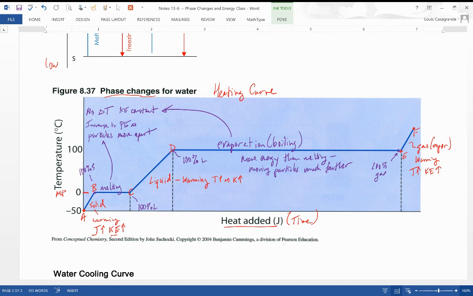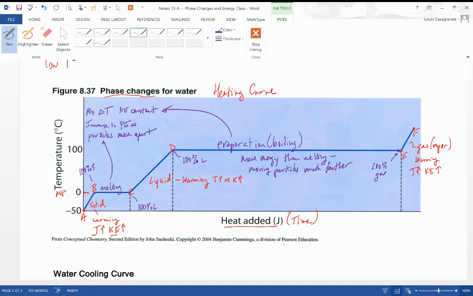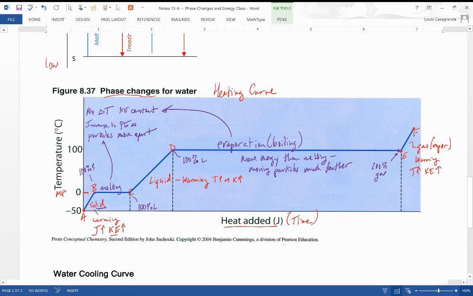All right, so one of the features of this curve then is that wherever you have a flat, you have a phase change. And so if you know what phases you're starting at, what phases you're ending at, you know, okay, if I'm starting in solid, as we did.